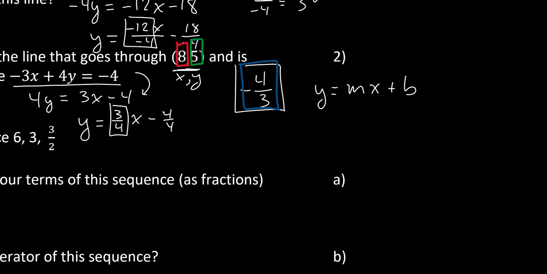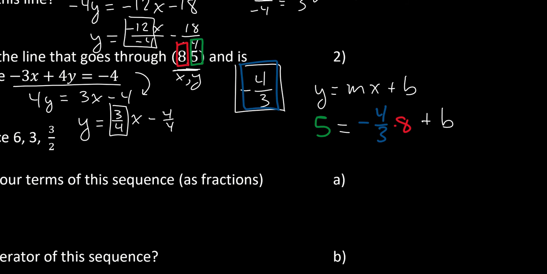So the equation is going to become y, which is the number 5, equals m, which is negative 4/3, there's that slope, times x, which turns out to be the number 8, so negative 4/3 times 8, and then plus b. So in this equation, the only thing that I don't have is the value of b. So I'm going to solve for b, and then I'll know my y-intercept.